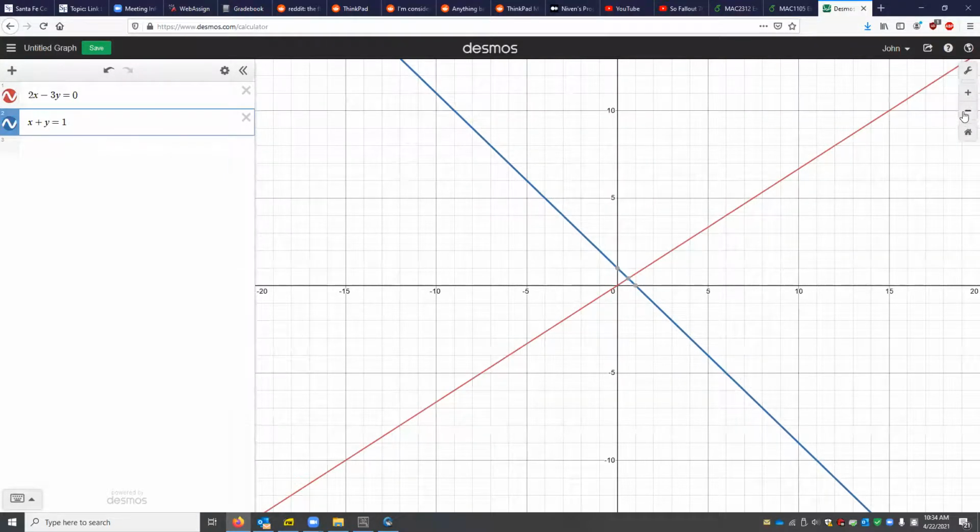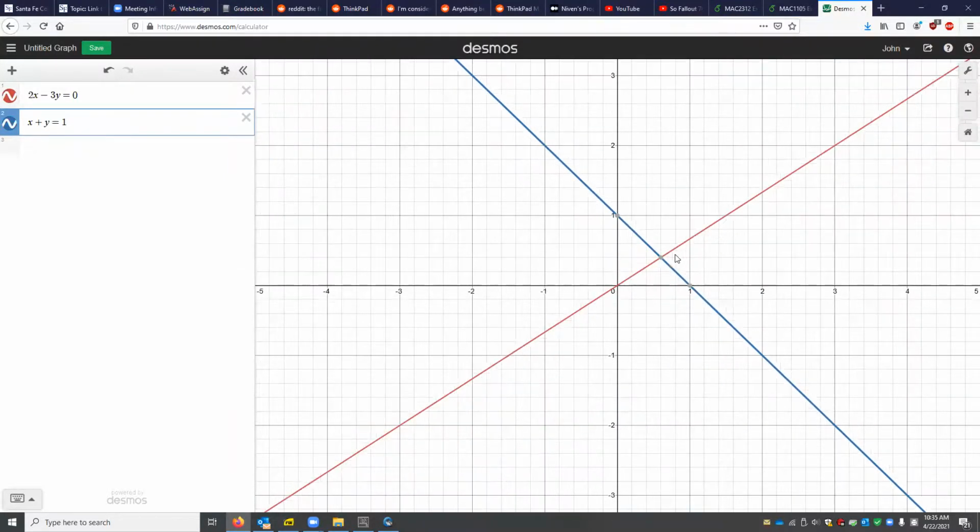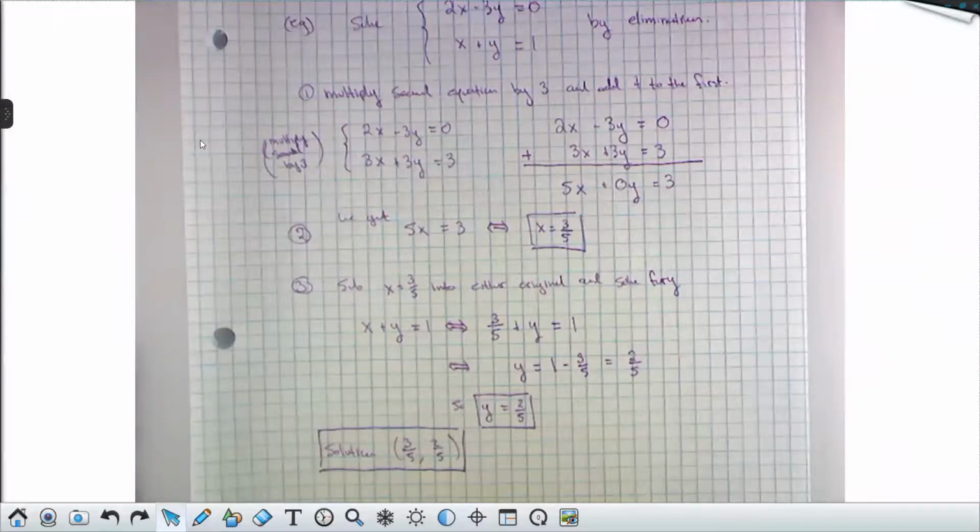So there's our two lines. And the intersection point here, they're giving it as decimals, 0.6, 0.4. But that's exactly 3/5, 2/5, just written as decimals. So all is good here.